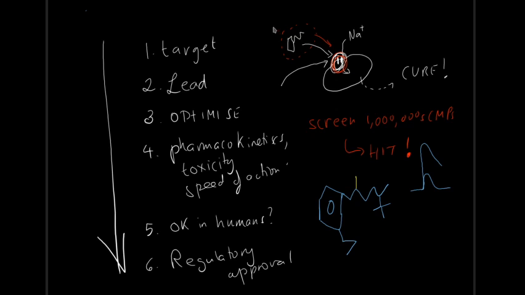And we can break these steps down a little bit, because we refer to this bit here as the actual drug discovery, confusingly. And this part here are the clinical trials.